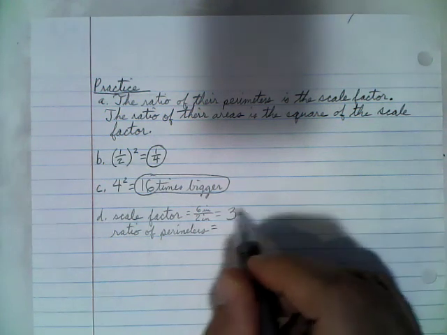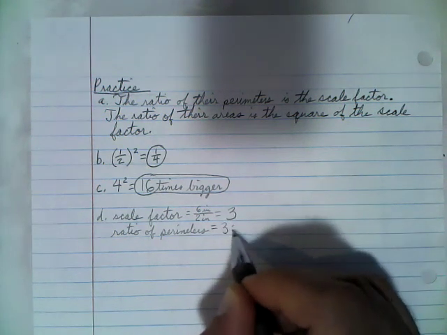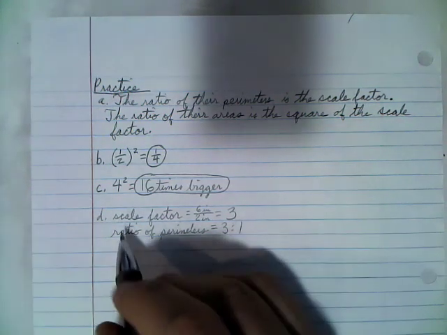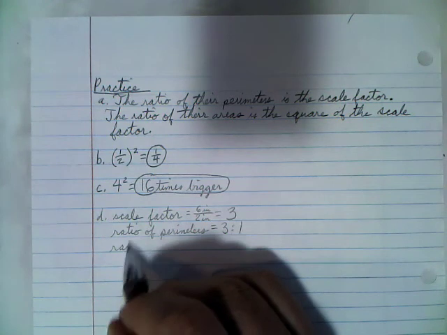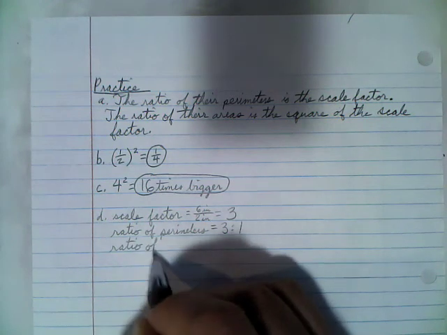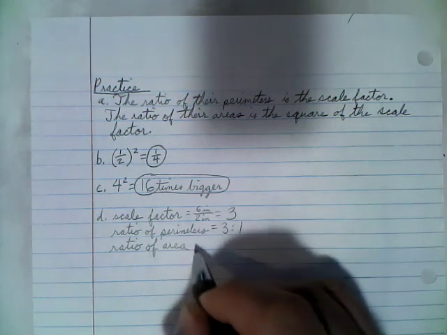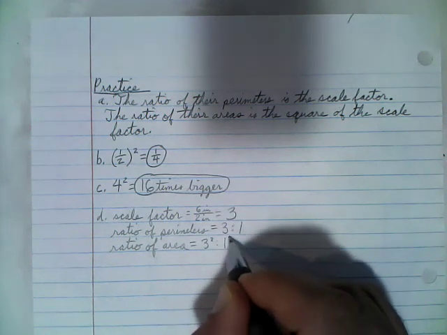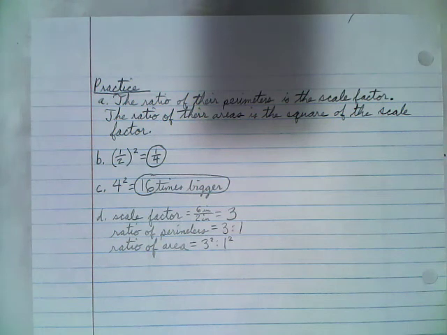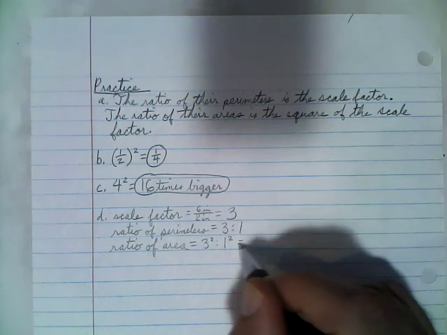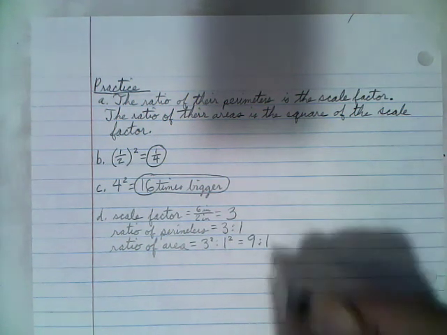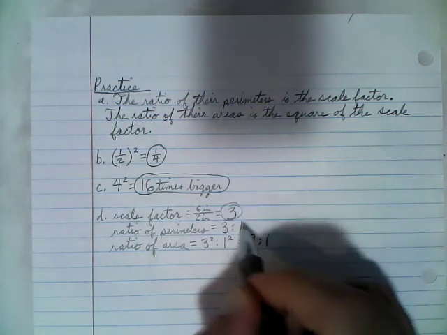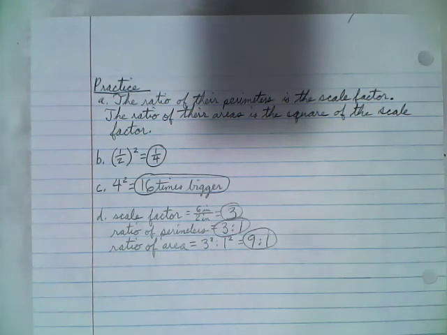So 3 would be like 3/1 or 3:1. And so then the ratio of their areas is going to be 3 squared to 1 squared, since we're going 2-dimensional here, which means this is a 9:1 ratio for their areas. So circle, circle, circle.